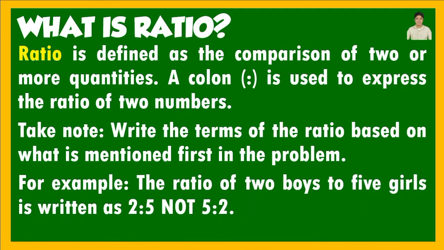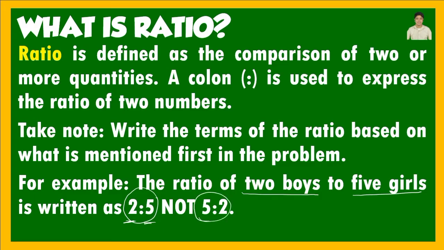Say for example, the ratio of 2 boys to 5 girls is written as 2:5, not 5:2. Even if the numbers are the same, we base it on what was said first in the problem. In the ratio of 2 boys to 5 girls, 2 was mentioned first, so we write 2 first, and 5 comes second, or last. So we write it as 2:5, not 5:2.